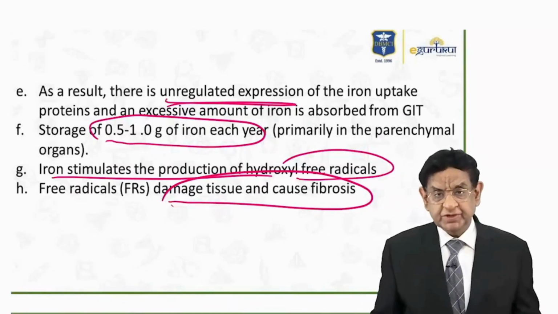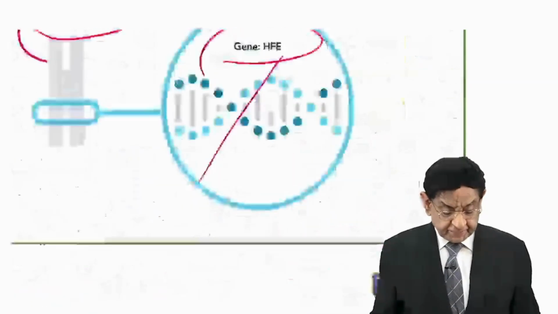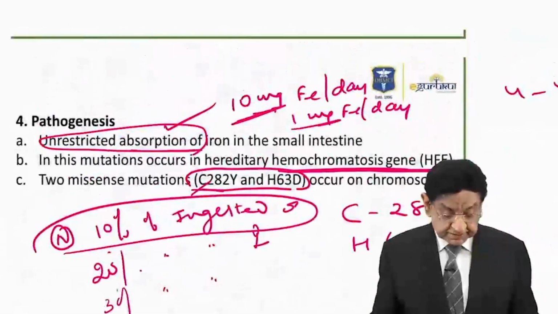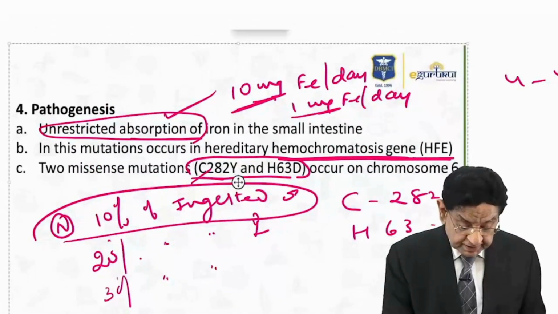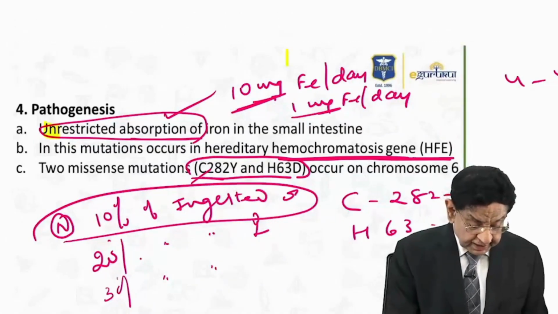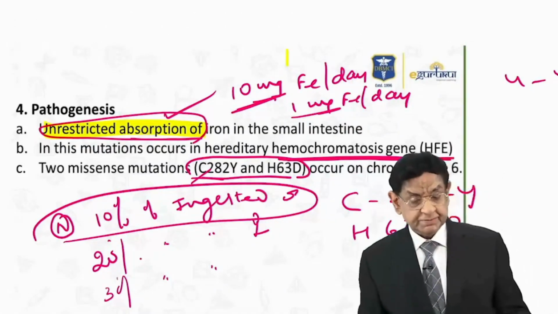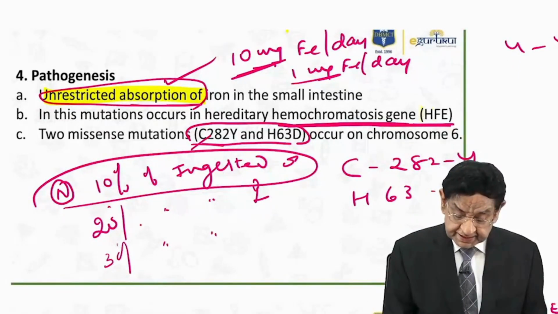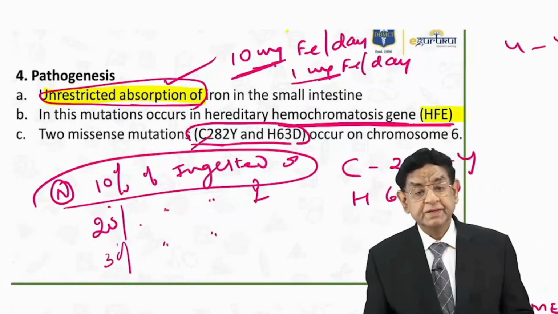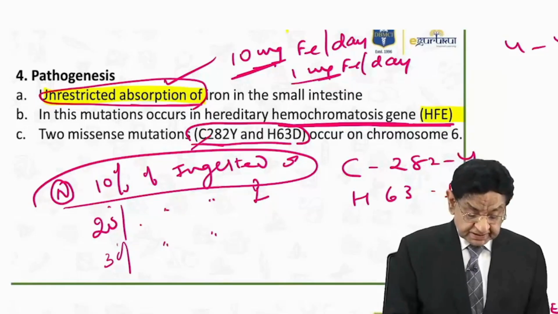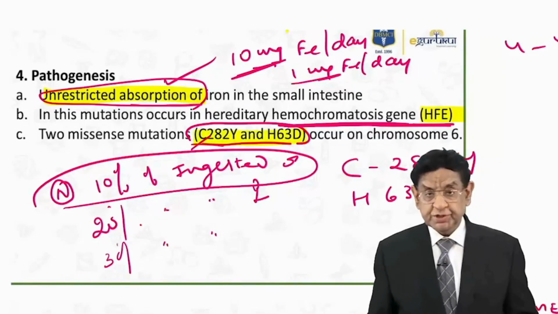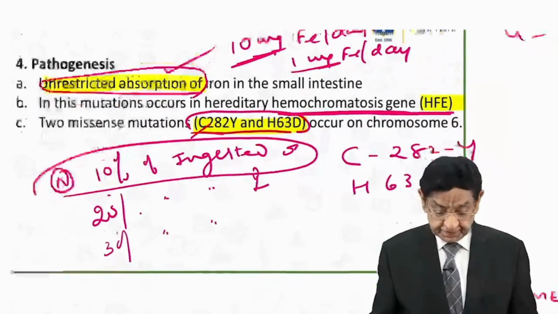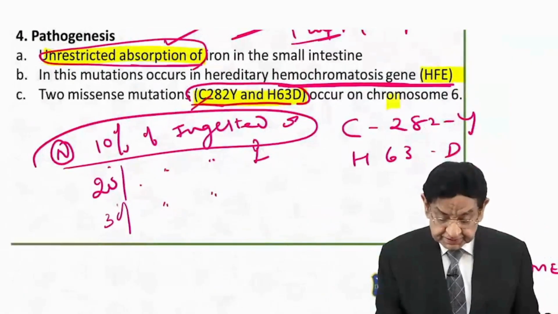So the keywords to remember in this are: unrestricted iron absorption, mutation in the HFE gene, missense mutations C282Y, H63D, chromosome 6.